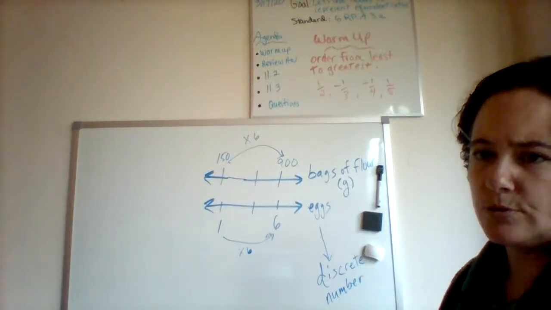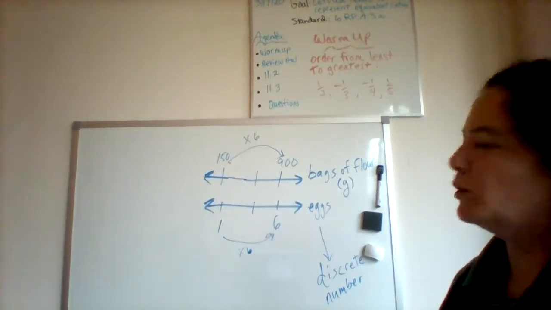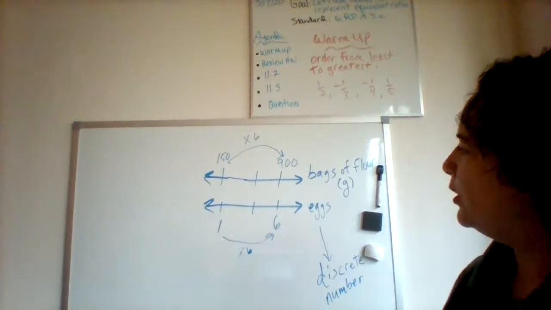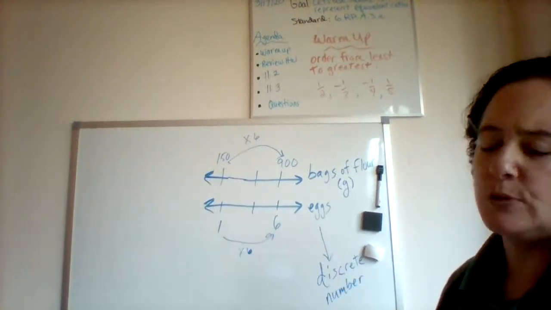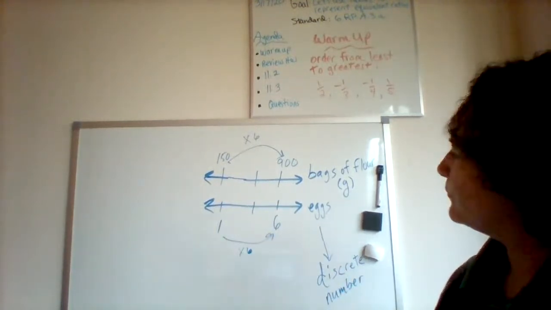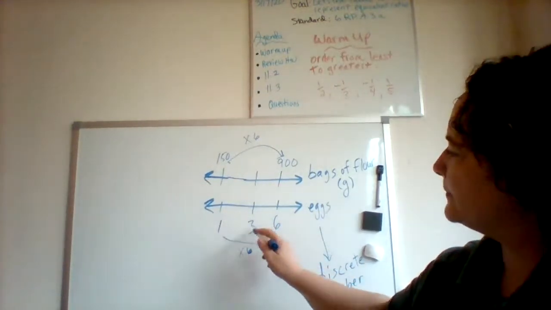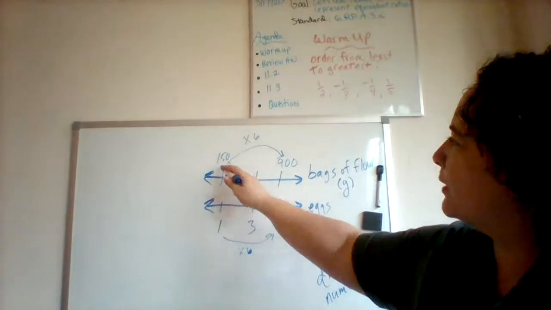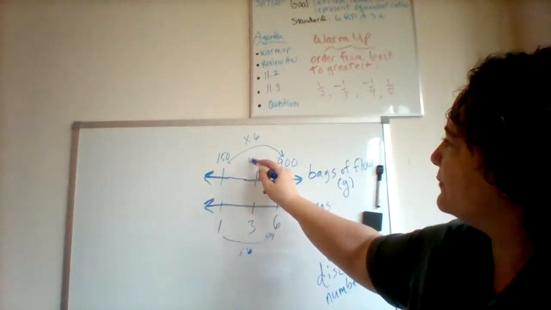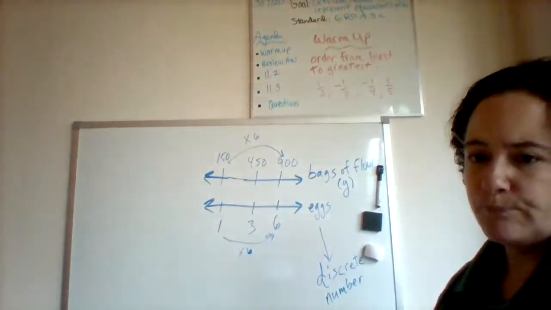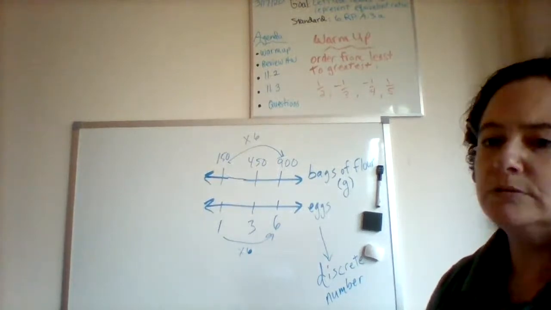No adding, Jesus. I mean, multiplication is repeated addition, so you could definitely skip count. Absolutely. Okay, so if I put the 3 eggs here, 1 times 3 is 3, and what's 150 times 3? It gives me the 450, right? There you go. Good job, Jesus.